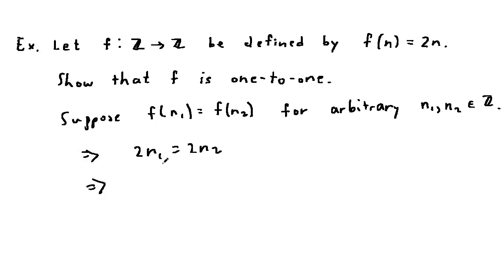Dividing out by 2 on both sides, we get n1 equals n2. Hence, by definition of one-to-one, f is one-to-one.